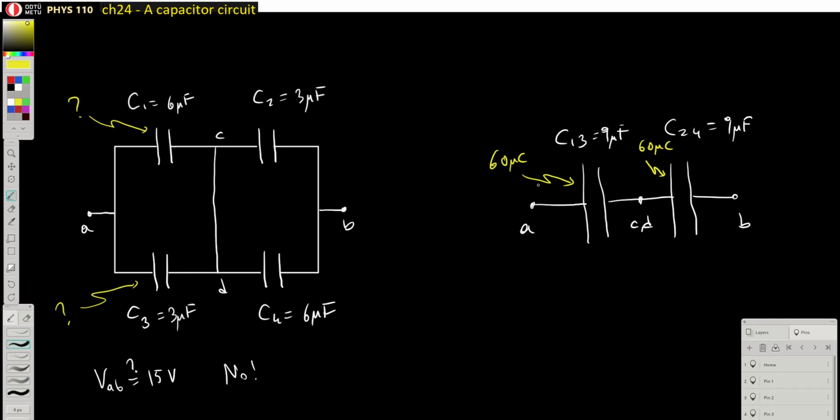So what we are saying is that these four plates belonging to these four capacitors, the negative plates of the first and the third capacitors and the positive plates of the second and the fourth capacitors, are charge neutral because this part of the circuit is not connected to anywhere else. So initially they had zero charge, and now they should have zero charge.